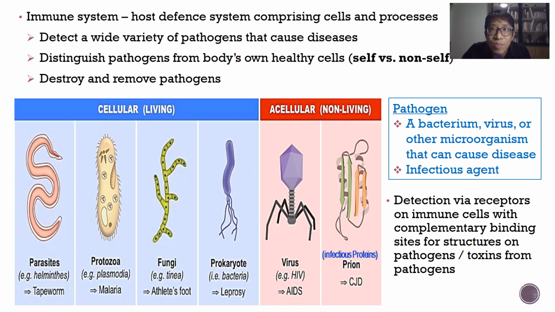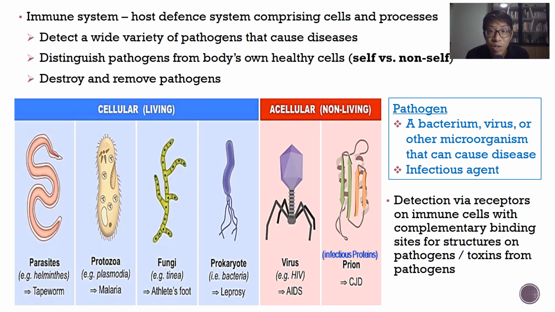The immune system is made up of many immune cells and their cellular processes, their functions. Together, they form the defense of the body against pathogens, so they will be able to detect pathogens as well as destroy and remove them. And in doing so, as far as possible, they should not cause damage, or kill our own body's healthy cells.